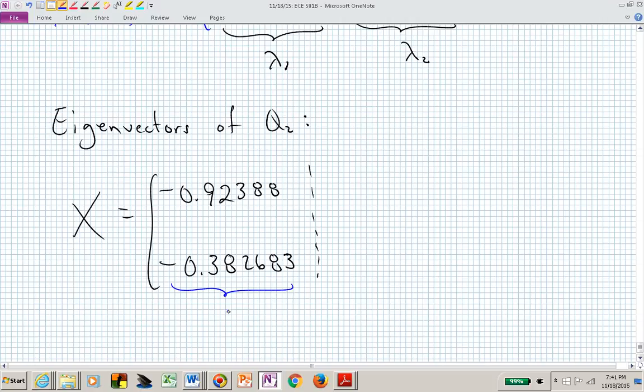This is now the orthonormal vector E sub 1, and E sub 2 is in fact positive 0.382683 and minus 0.92388.